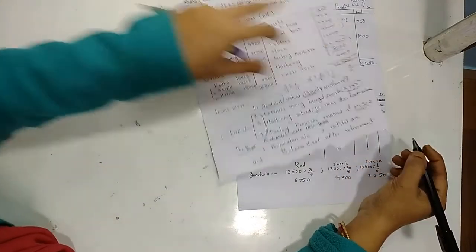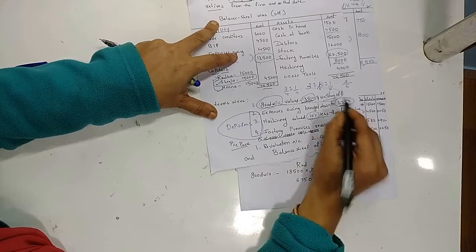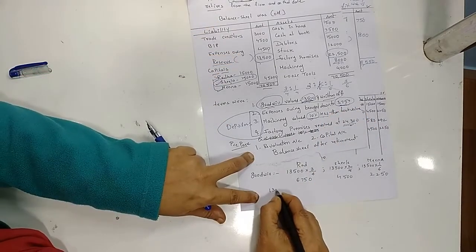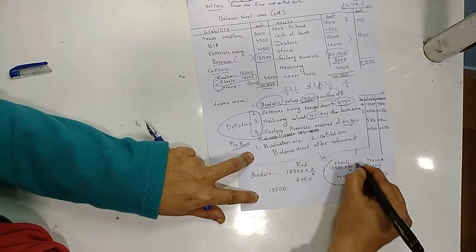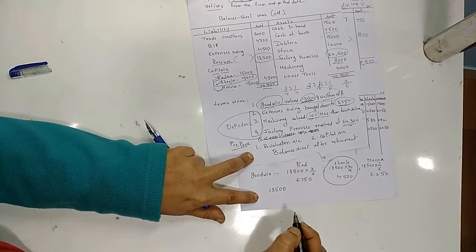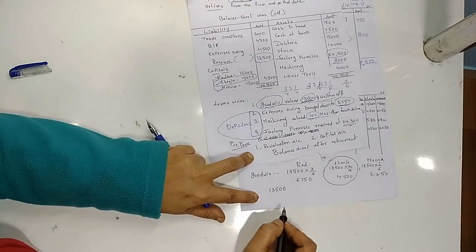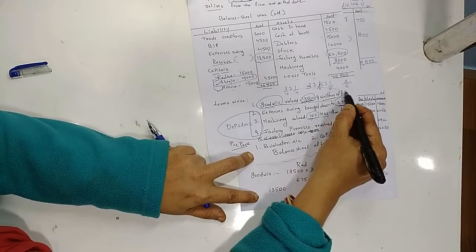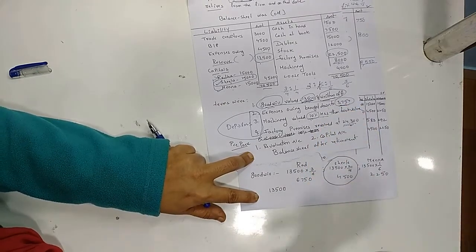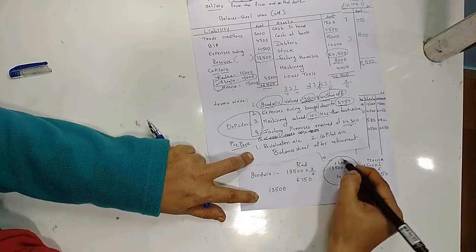But it is mentioned that it is written off. Written off means that out of this 13,500, Sheila's share is 4,500, but as mentioned in your adjustment, the total goodwill is written off, so you are paying back the total goodwill. Who is retiring here? Sheila.